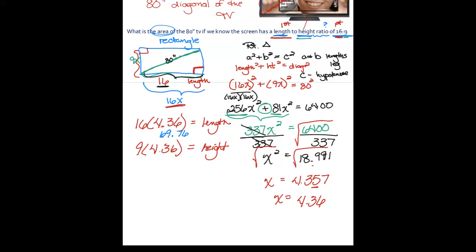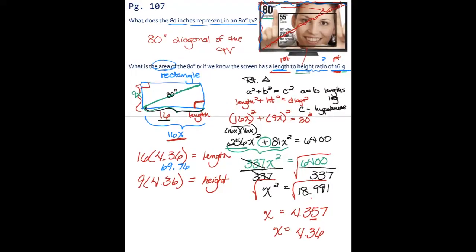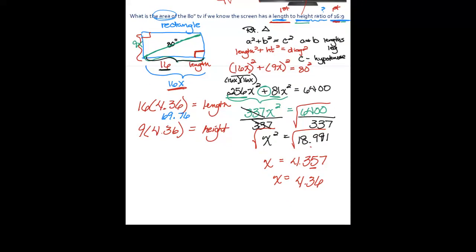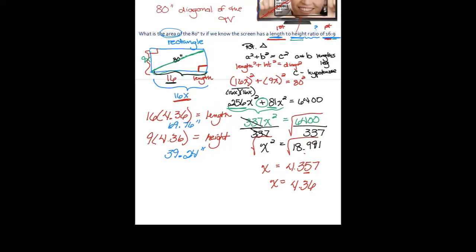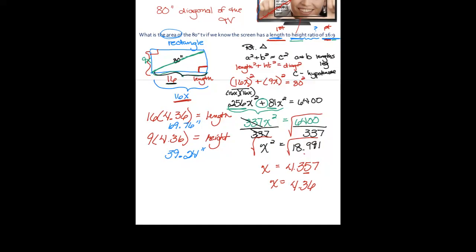And that would be in inches. Okay. What's the height? 39.24 inches. Is everybody else getting those same things? Okay. So now I have the length and the height. Is that what we needed? Yes. No. Well, yes. Is that my final answer?